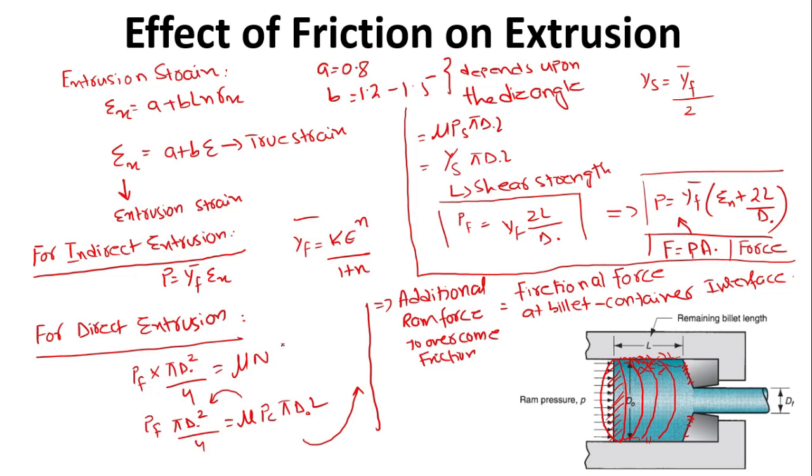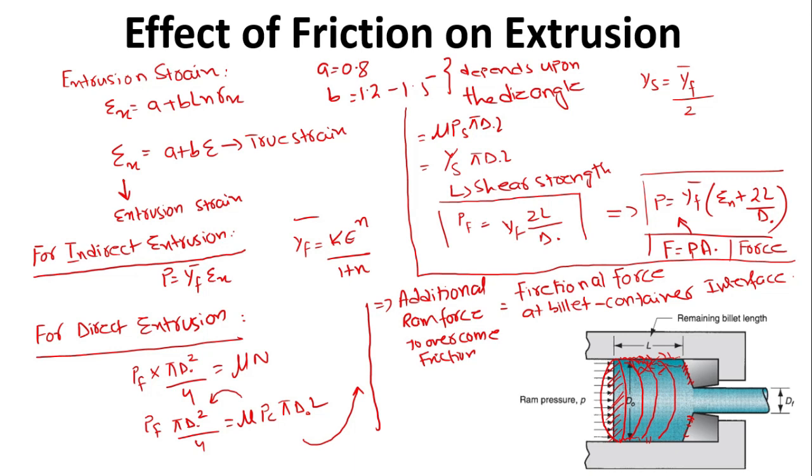And if we want to take into account the friction between the container and the work material, then we have an additional value in the calculation of our pressure, and we have seen the derivation during our theory classes. You can go back and refer to that.